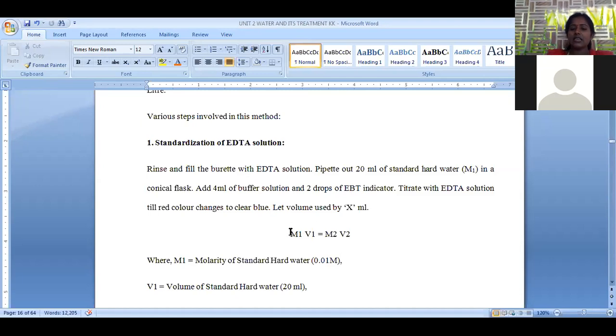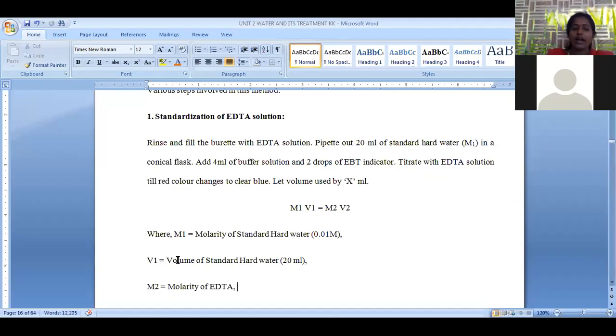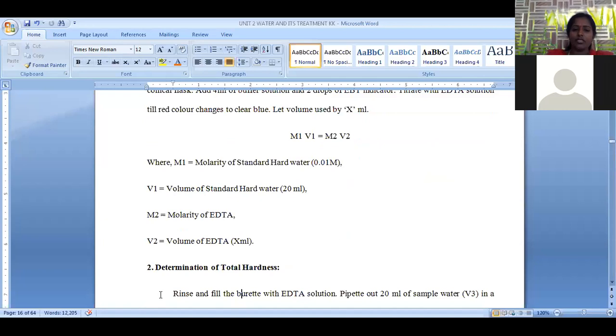Let us consider M1V1 terms belong to standard hard water, and M2V2 terms belong to EDTA solution. M1, the molarity of standard hard water that is already prepared, is 0.01 molar, and the volume of standard hard water is 20 ml. EDTA molarity we have to determine.